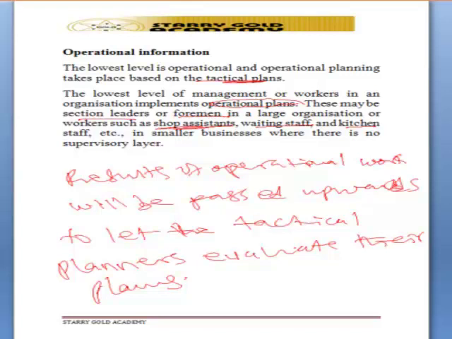And the tactical level will now use the result submitted to them in order to know whether they are trying to execute the policies the strategic level has given them to execute. Whether they are trying to follow the guidelines laid down by the top management level.